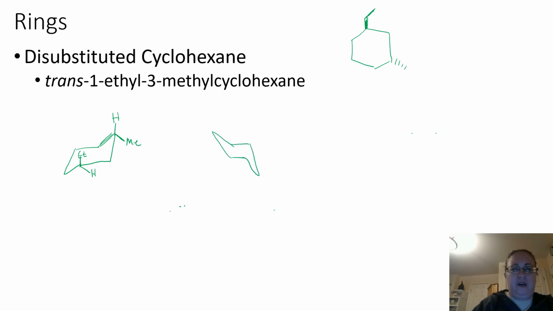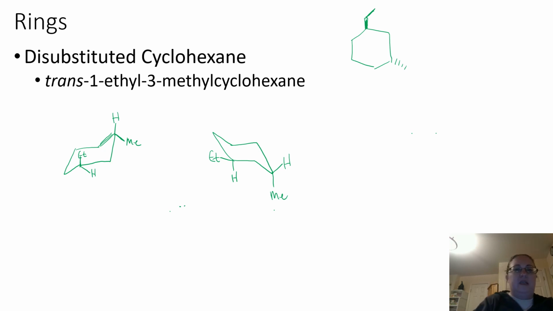With my ring flip, that methyl group is now going to be in the axial position because it still needs to be on that bottom face. The hydrogen will be up in the equatorial position. The ethyl group is still pointing up, but now that position is the equatorial position. And my hydrogen is then in the down position, which is the axial position.